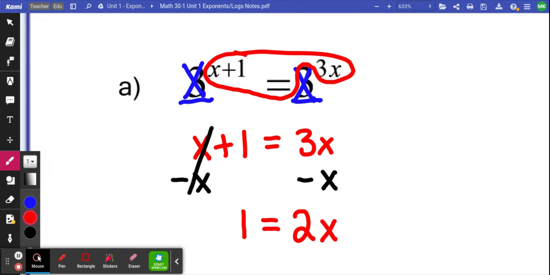As a reminder, sometimes people screw this up and say 3x minus x is 3. This is how many x's you have. I have 3 x's and I subtract 1 x, which leaves me with 2x.